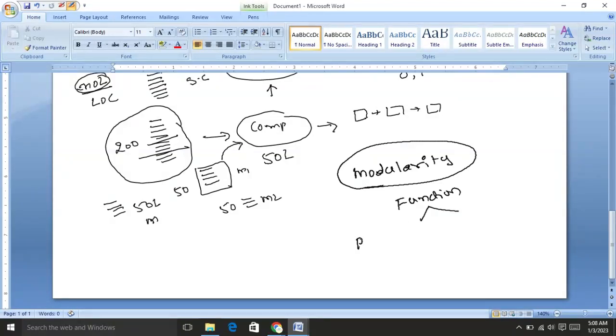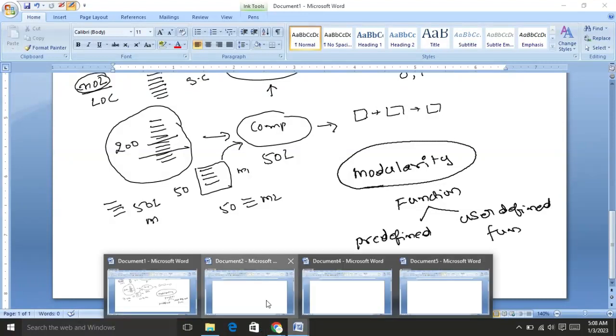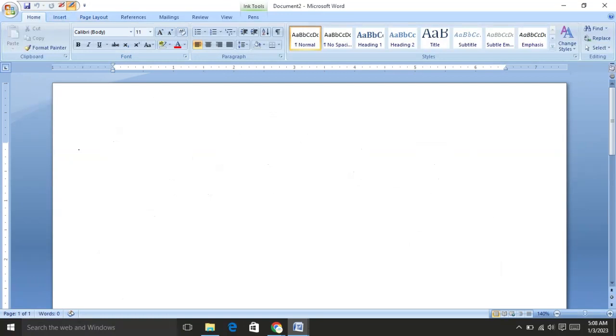One is predefined functions, and another one is user defined functions. So, what do you mean by predefined functions? Predefined functions means the code is written by someone, that means those who are developing the compiler write the code and keep it in the compiler.